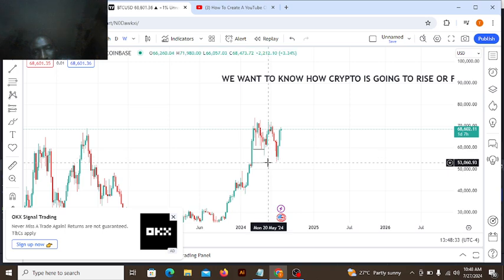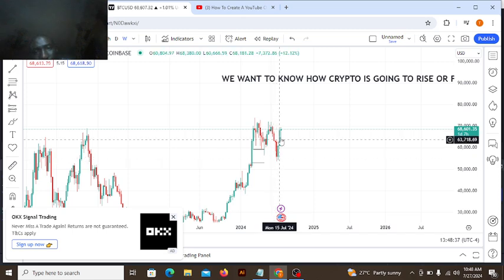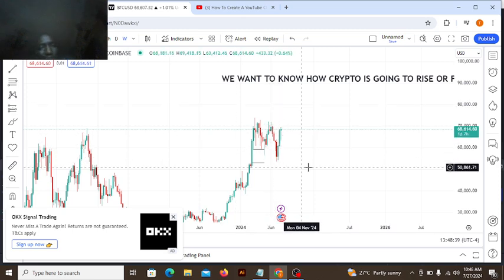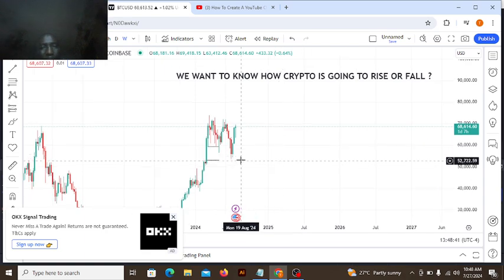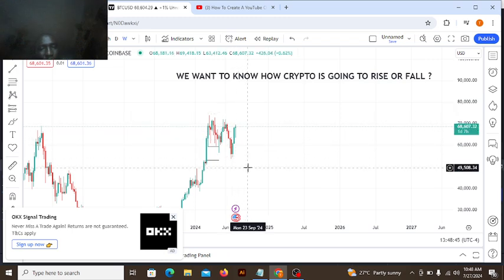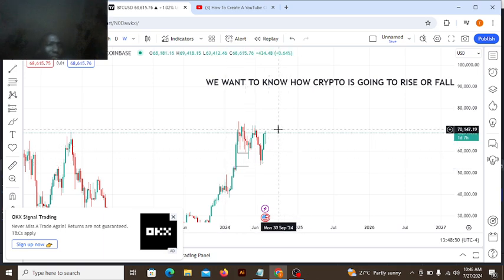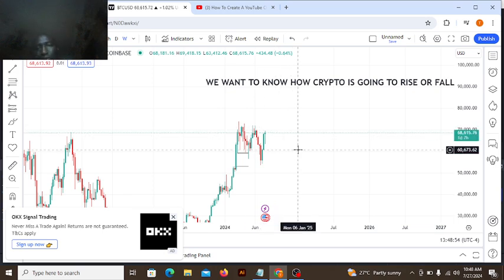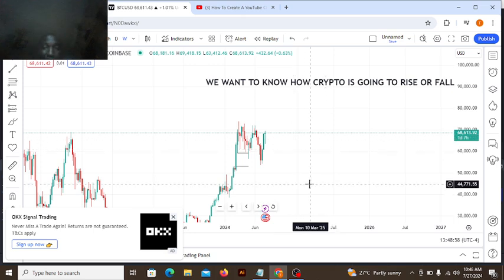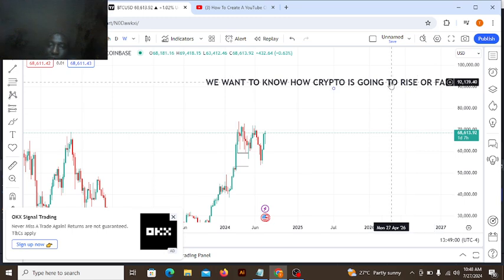As soon as the market went there, it tapped inside the fair value gap and it moved up. Then what we are so interested in is how to catch this move. That is where we want to start our explanation.